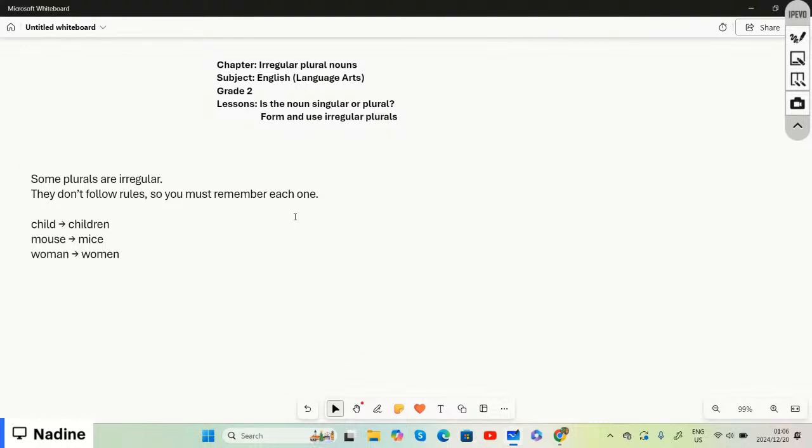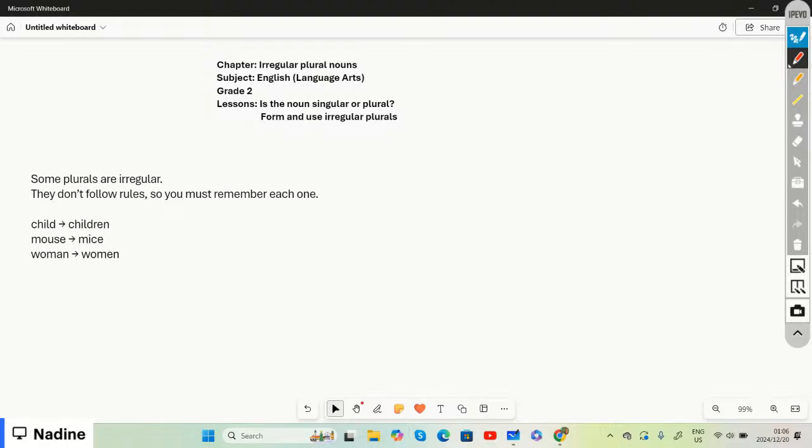All right, so some plurals are irregular. When we say that some plurals are irregular, it means that they don't follow any rules. Like in our previous lesson, when we did regular plurals, we said you need to add an S or an ES to make the word plural, to show that there's more than one.